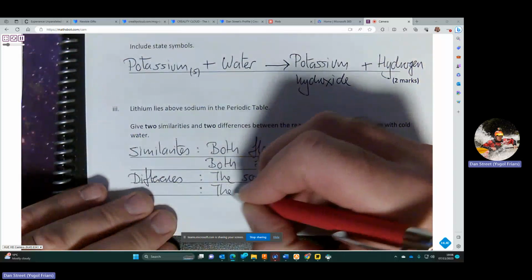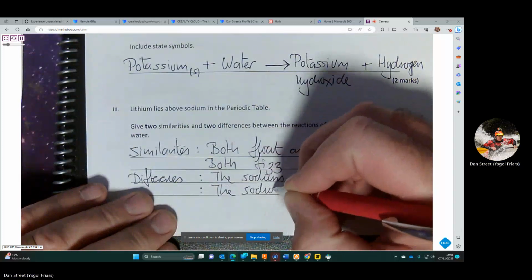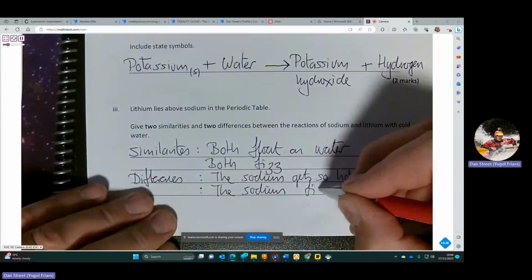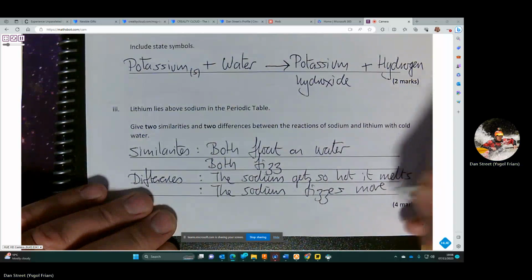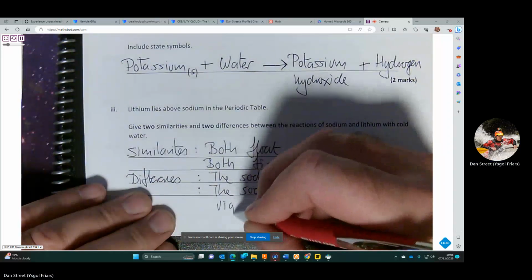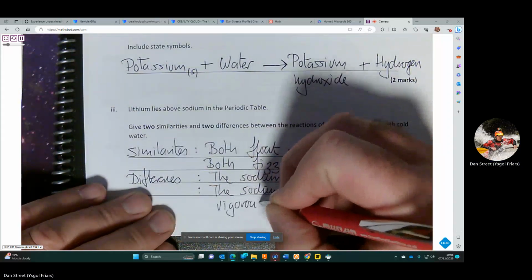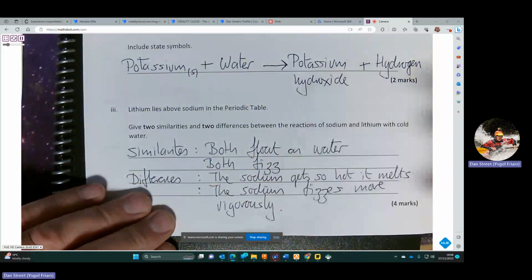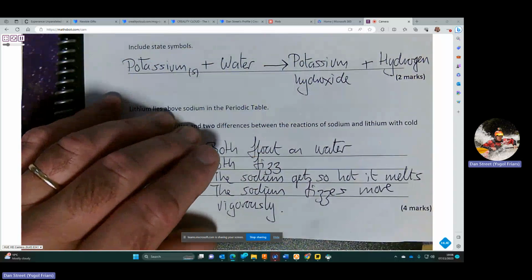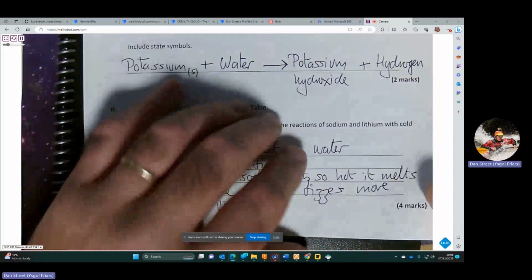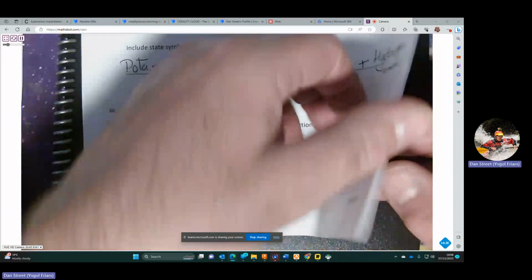The sodium fizzes more vigorously. So that's 2 similarities and 2 differences. Okay.